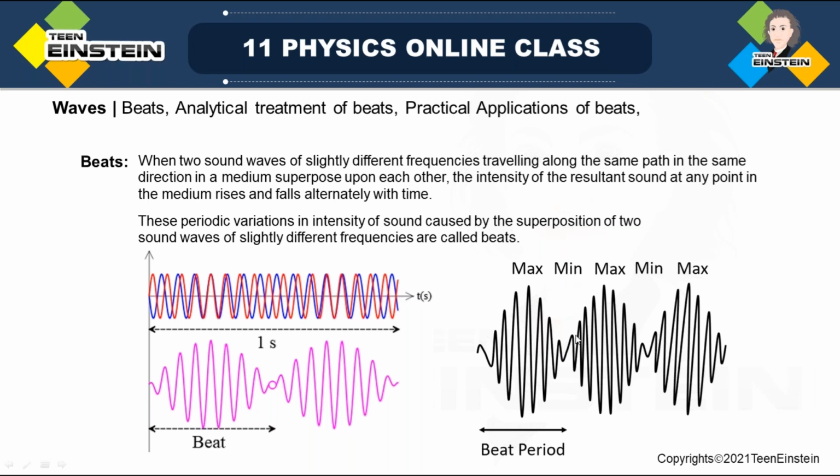If I say there is a beat, how many beats are there? Suppose you want to calculate how many beats there are from here to here. How do you count? Always remember, one maxima and one minima together constitute a beat. This is a beat.